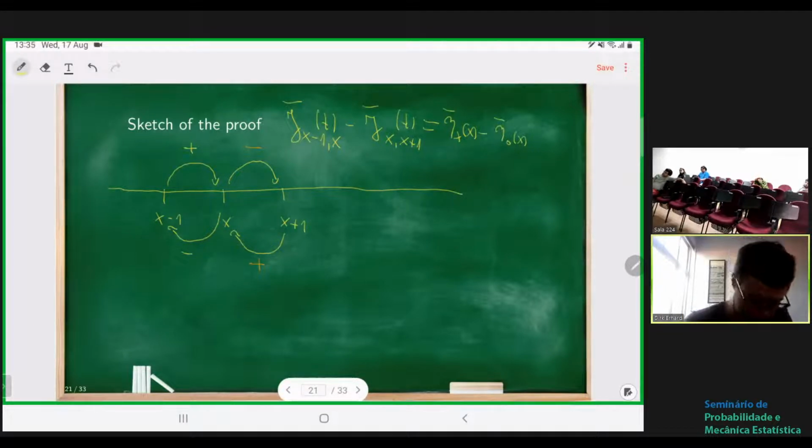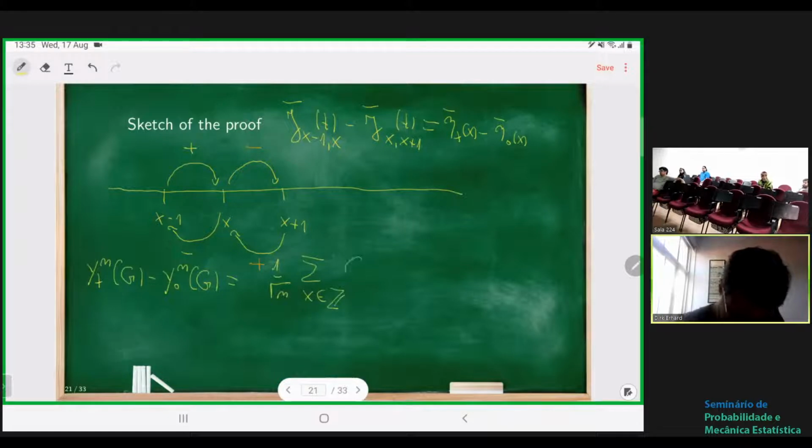So once you have this, you're in very good business. Because let's remember, what is the definition of the occupation time field? It is the sum of g of x divided by n times eta bar t of x minus eta bar 0 of x.